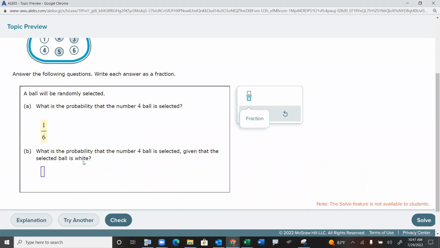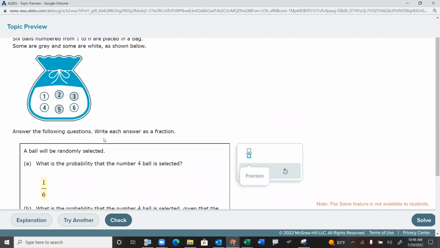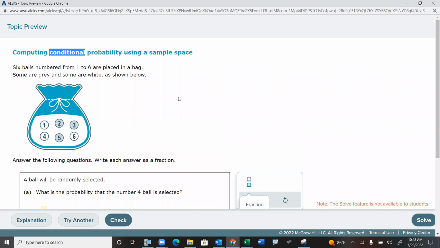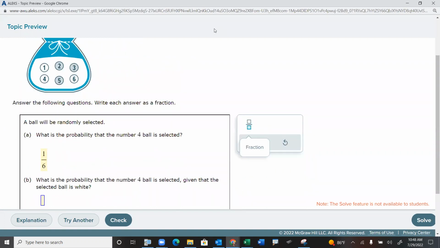Part B, what is the probability that the number 4 ball is selected, given that the selected ball is white? So we're getting into what's called conditional probability. It says, given that it is white. So you reached in, you pulled out a ball with your eyes closed, and somebody says, all right, the ball you picked was white.